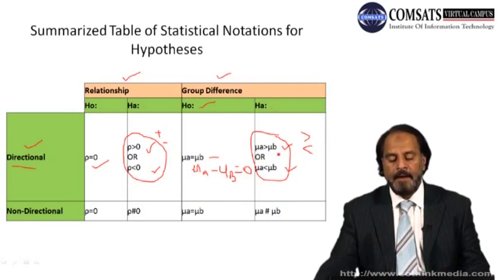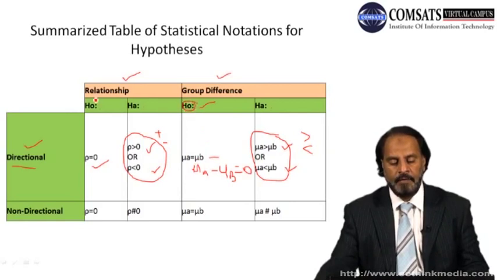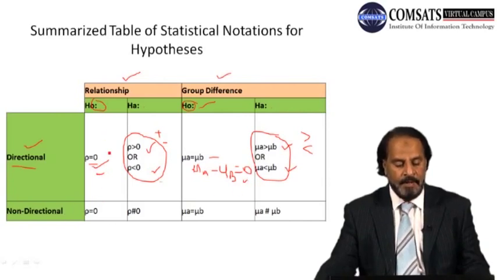Okay. And if you note, for the null hypothesis for a directional relationship, rho is equal to 0. Similarly, the mean difference between A and B variables is equal to 0. This is basically the same, and it stays the same with the non-directional.